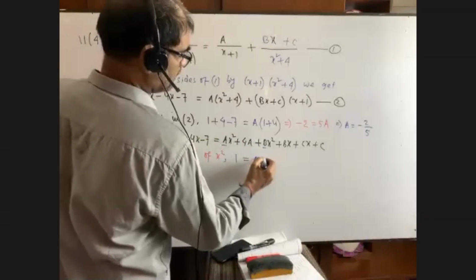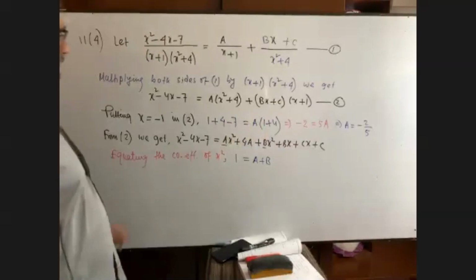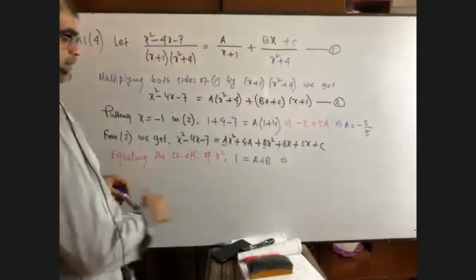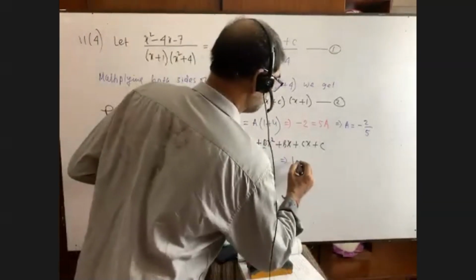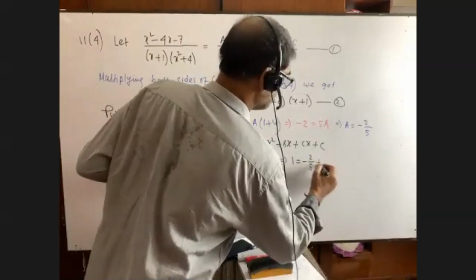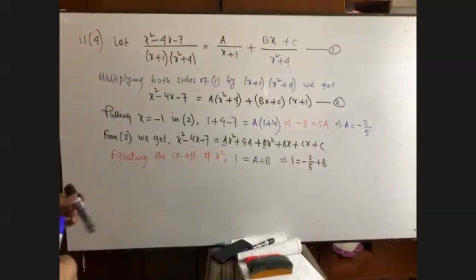Now what is the value of a? The value of a is minus 2 by 5. So 1 is equal to minus 2 by 5 plus b. So b equals what here?